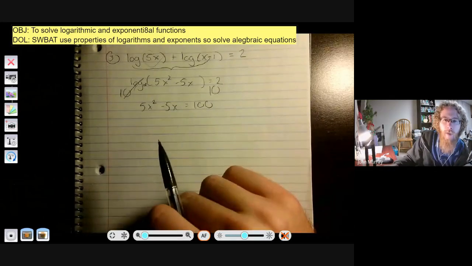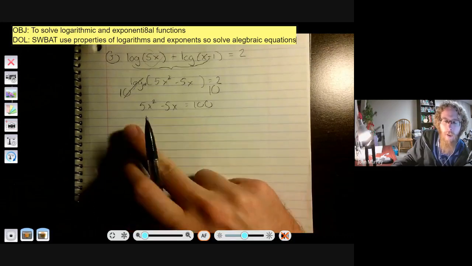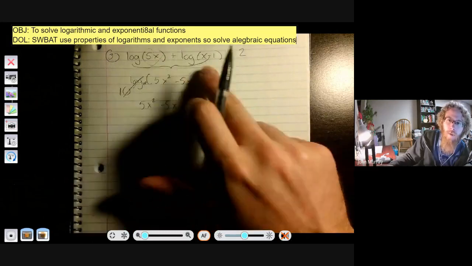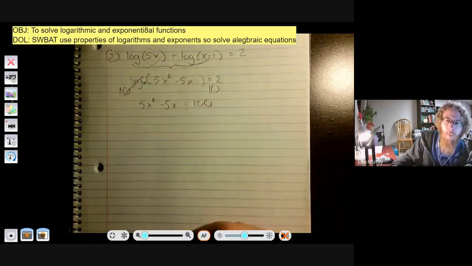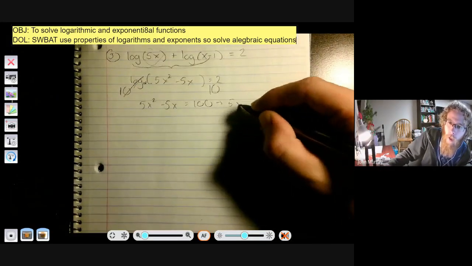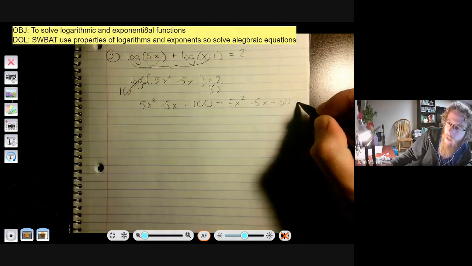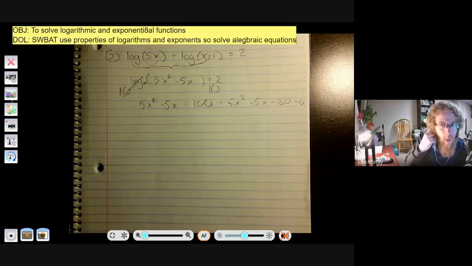Now, we've got to be careful. I have two x values. So even if I factored out an x, I'd still have 5x times (x minus 1). So here, we're going to set up a quadratic by subtracting 100 from both sides.